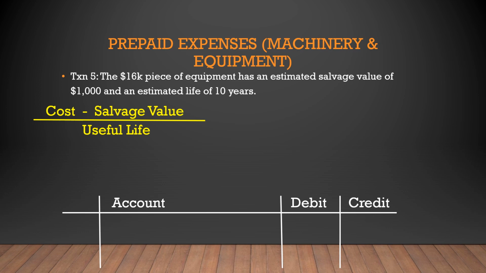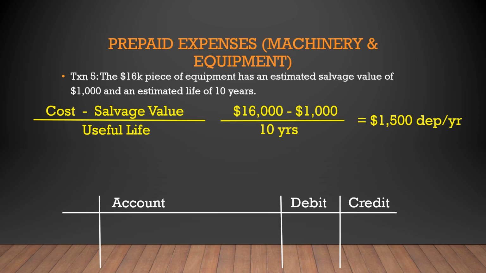We subtract the $1,000 salvage value from the $16,000 cost to get the depreciable amount of $15,000. Divide that amount by 10 years, and our annual depreciation is $1,500. Remember that CNA has only been in operation for a month, so we need to convert that depreciation from an annual to a monthly basis.